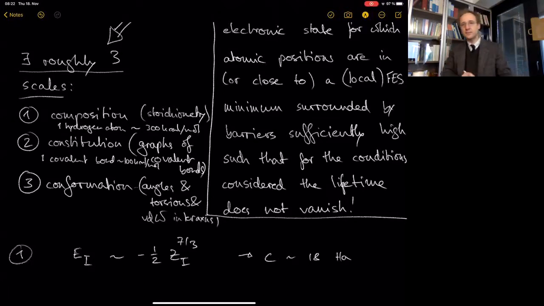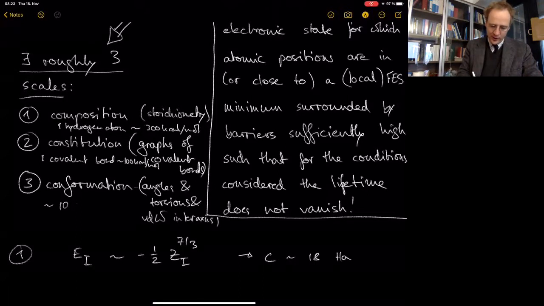That's roughly a covalent bond. And conformation, so changes in the torsion, the angles, intermolecular interactions, we are talking roughly on the order of 10 kcal per mole.